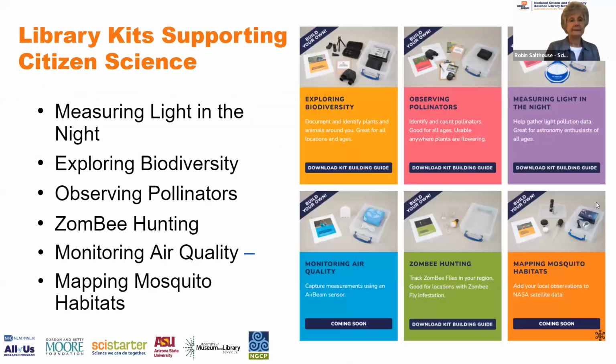Okay, next slide. So here are the kits that SciStarter has developed. These kits are built by you, and we have a document that we'll talk about in a minute on how to do it.